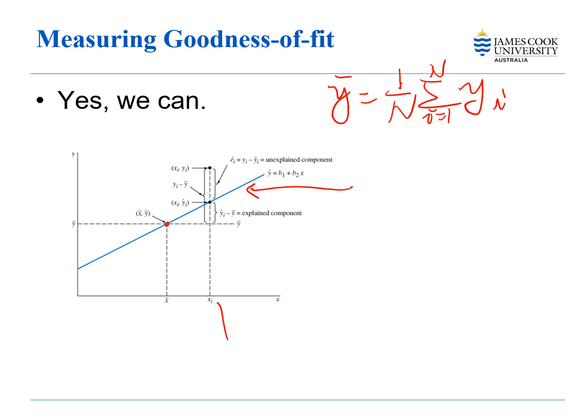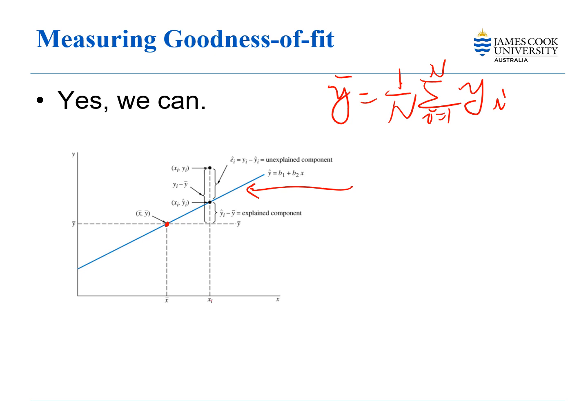Suppose xi is this value. From xi we go up to the regression line and find a value of y, and that's actually yi hat, the value of y according to our regression line. And we know that there's a deviation of y hat from the sample average y bar.